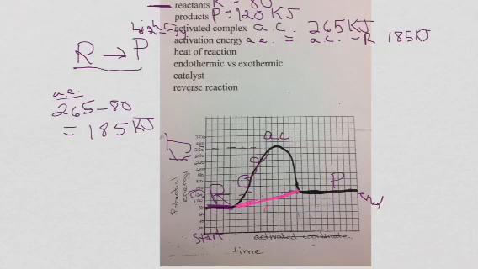That is your heat of reaction, delta H, change in heat. And you get that by taking your products minus your reactants. So our products were 120 minus our reactants of 80 gives us 40 kilojoules for our heat of reaction. So it's basically the change in energy from beginning to end.